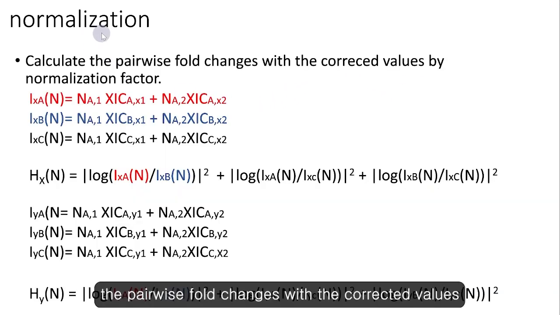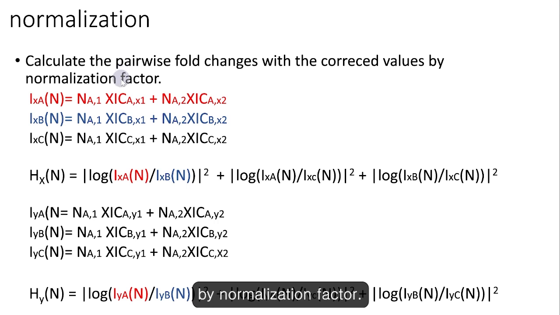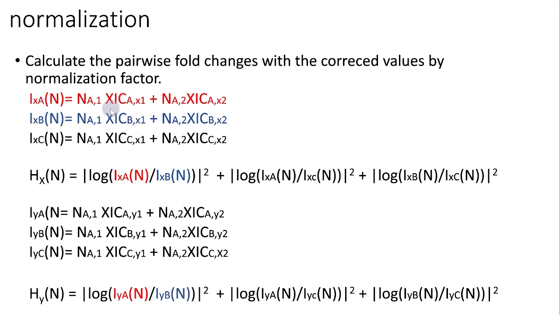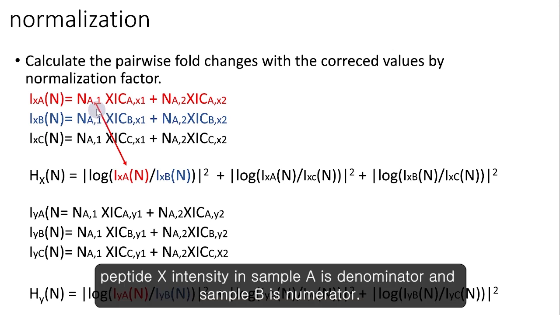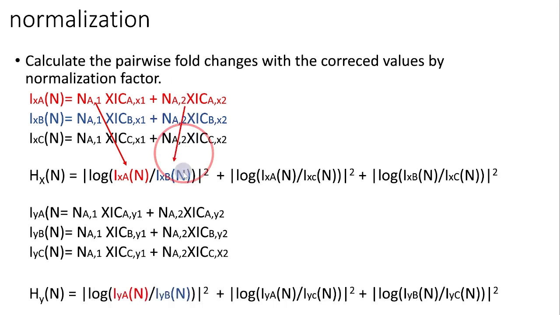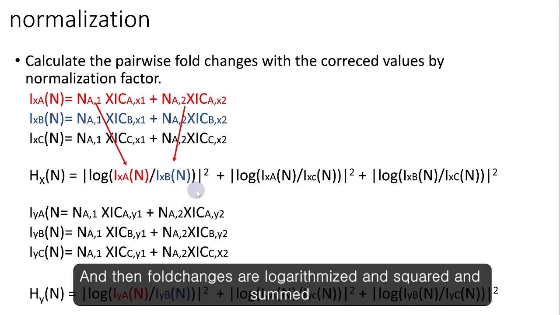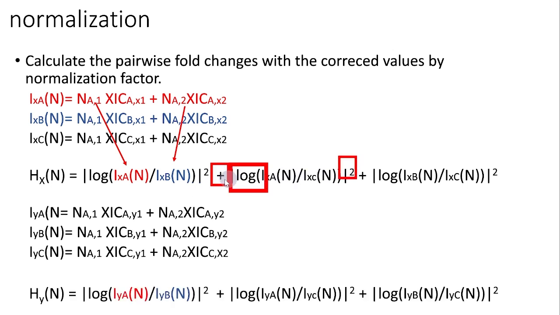And calculate the pairwise fold changes with the values corrected by the normalization factor. To get pairwise fold changes, peptide intensity in sample A is the denominator and sample B is the numerator. And then fold changes are logarithmized, squared and summed.